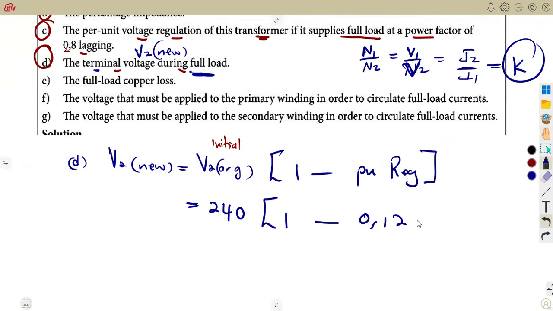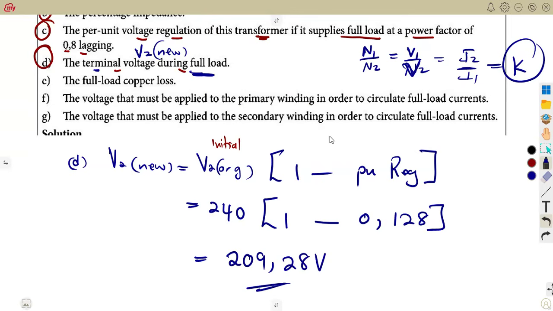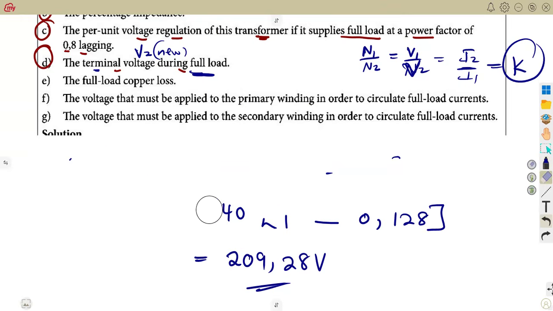So you're just going to substitute that, and with this you now have the new voltage at full load, which is 209.28 volts. That's our new voltage in that case. So you have to be very careful in that nature.